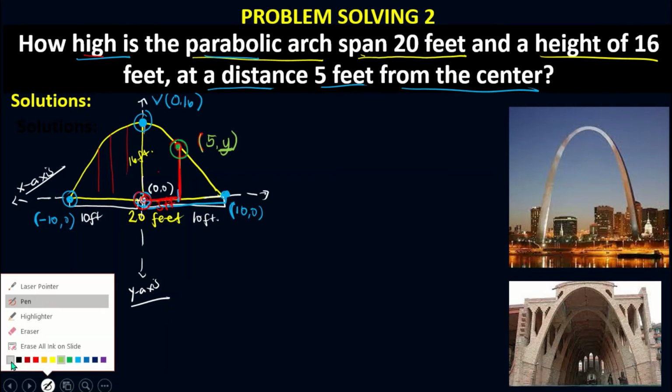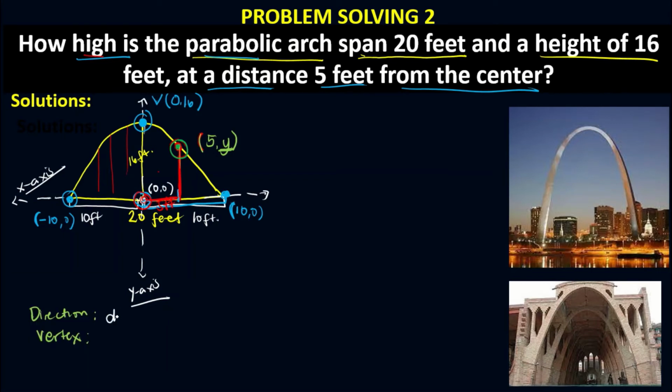Based on our given, the direction of the graph is opens downward, and this is our parabola. Its vertex is at 0, 16. That means the equation we will use is not the one at the origin, because our vertex is not at the origin. So what equation will we use when our parabola opens downward and the vertex is at 0, 16?